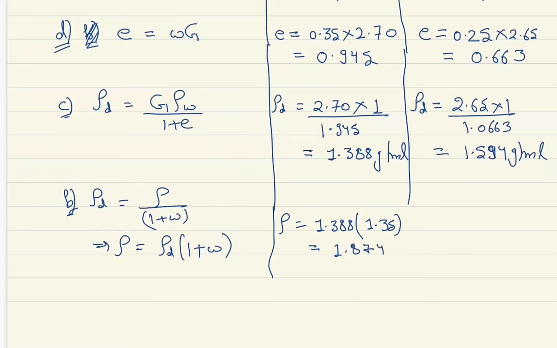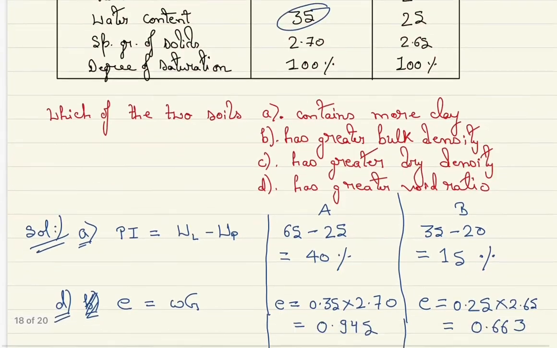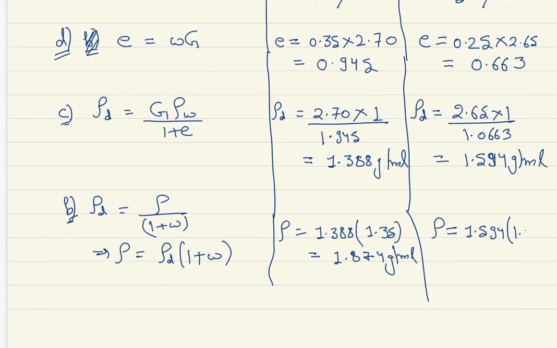It will be equal to 1.874 gram per ml. And same for soil B, it will be equal to 1.594 into 1 plus water content, 25%.